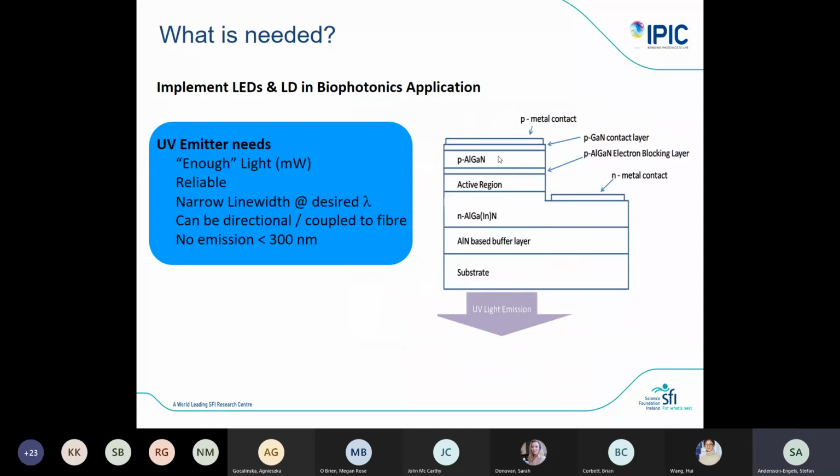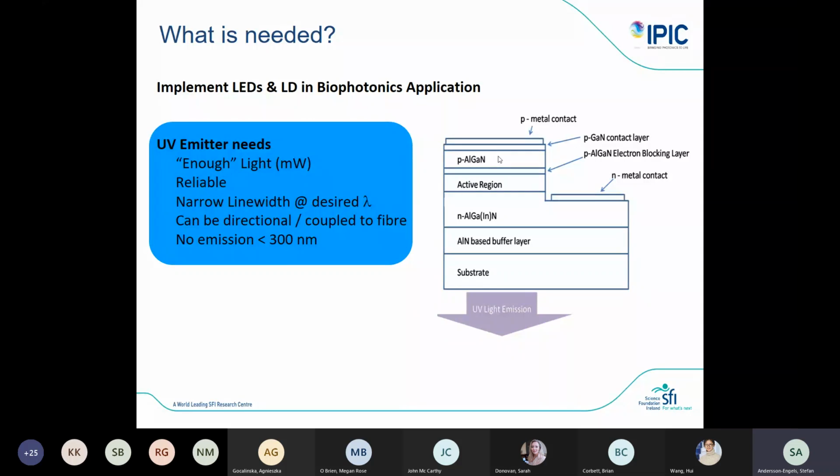And our ask is basically to say that we would like to have enough light in that wavelength range. And with enough, we mean 1 to 10 to a bit more, 10 plus milliwatts, depending on exactly what we would like to do. We would like to have a reliable source, a narrowband source that we can really measure fluorescence.